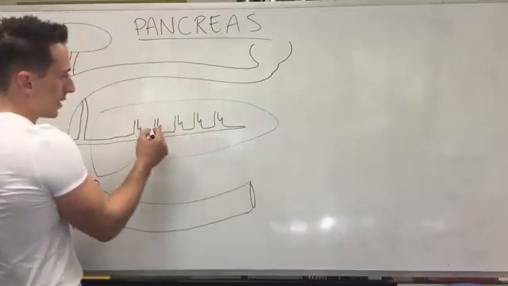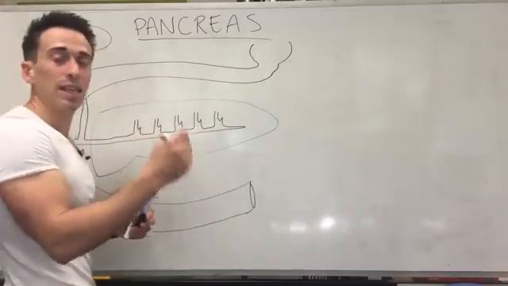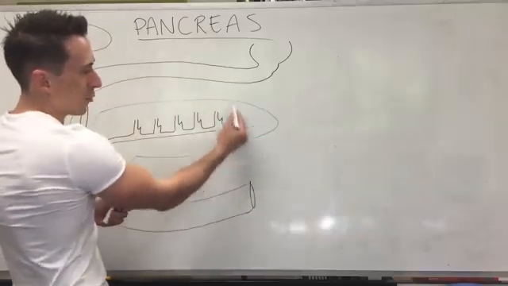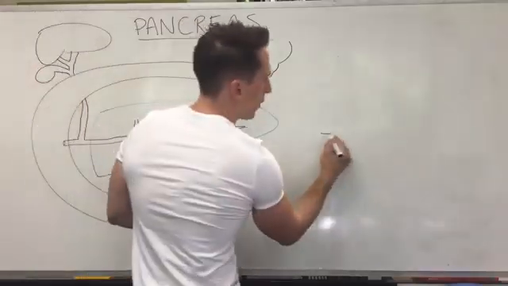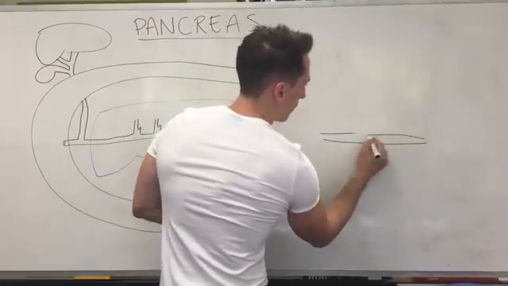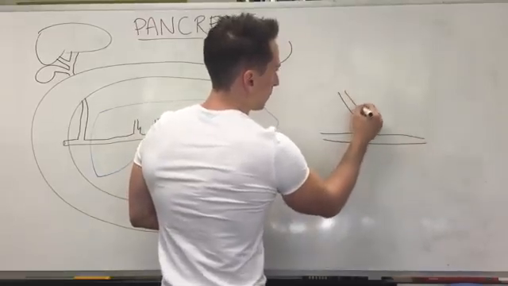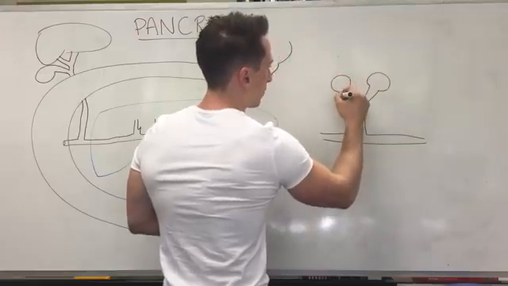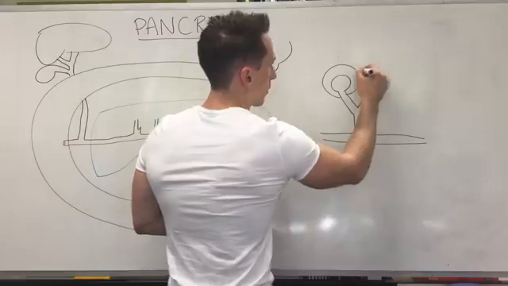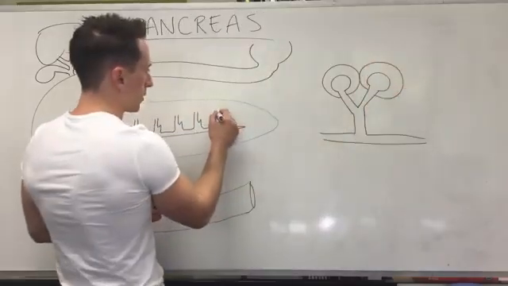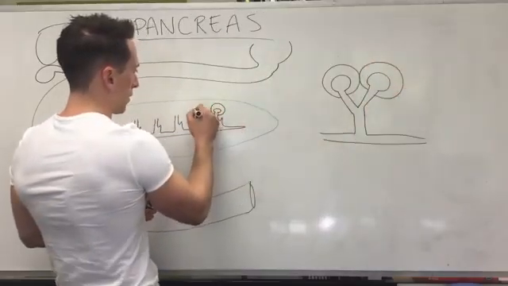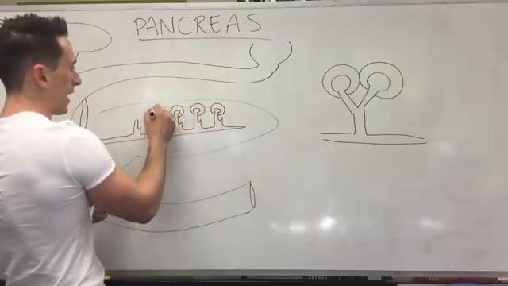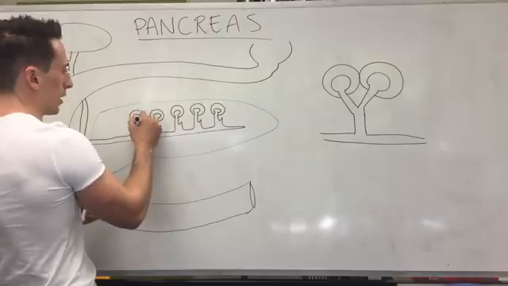When we look at these ductal cells that come off, these interlobar and interlobular ductal cells, if I was to just zoom in on this area right here, for example, here you're going to see that there's going to be groups of cells around what looks like an open area at the ends of these interlobular ducts.